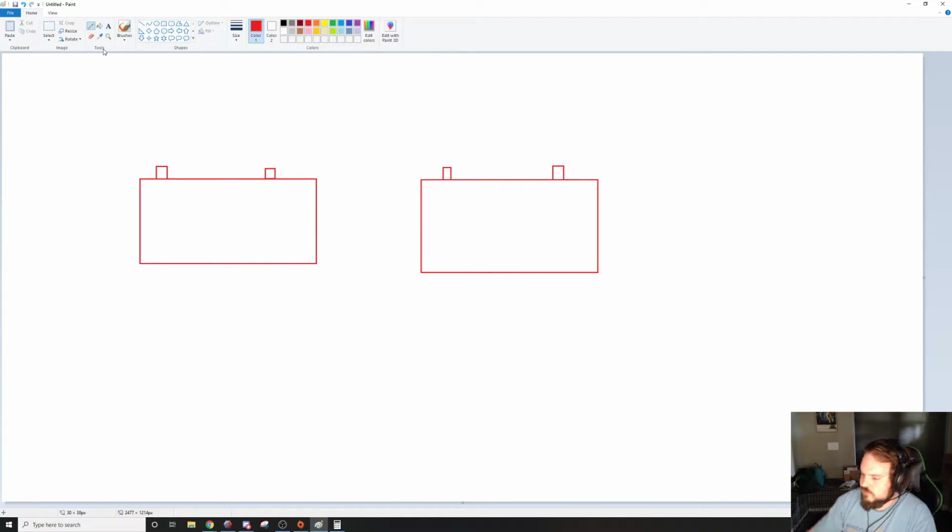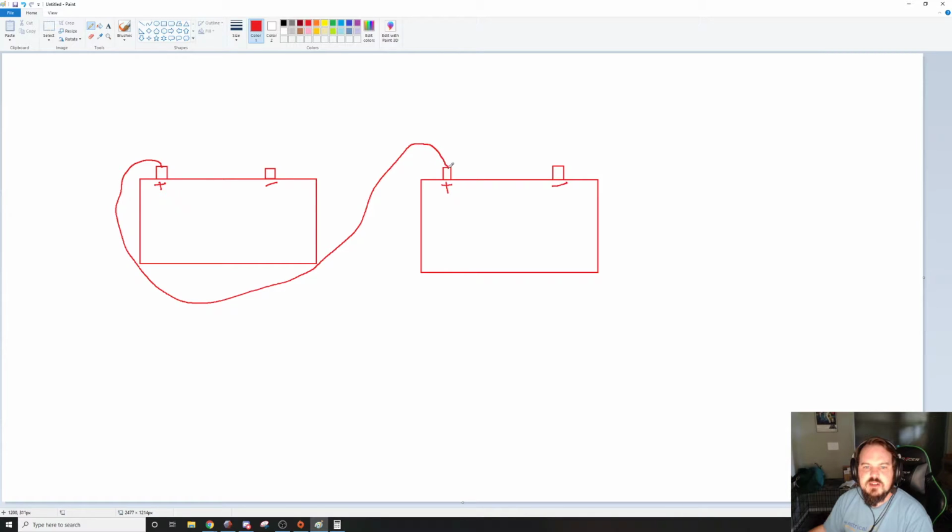Alright. There's my marker. Okay, let's say this is positive and negative and positive and negative. You're going to want to take your positive connection, connect both positives together, connect both negatives together, and that makes them in parallel.